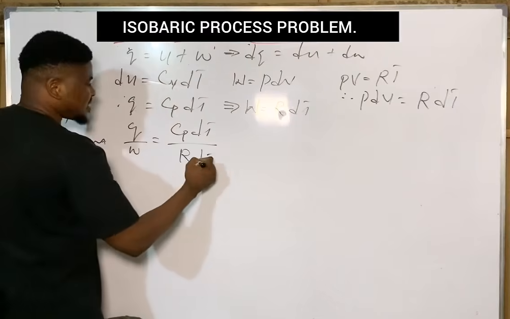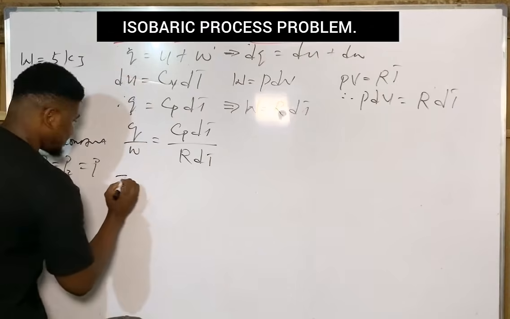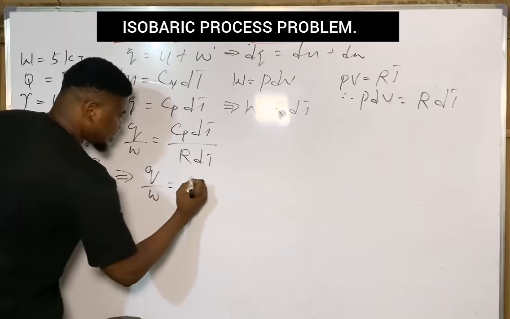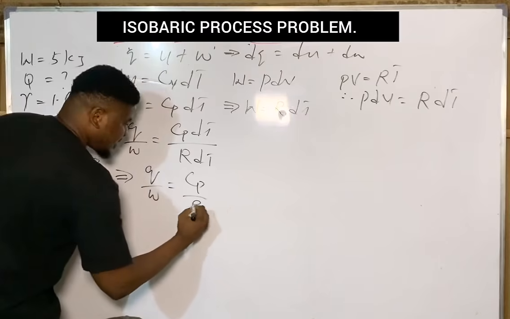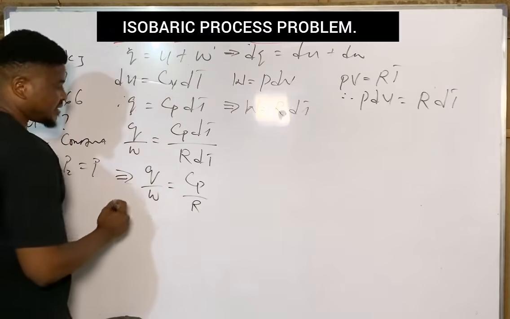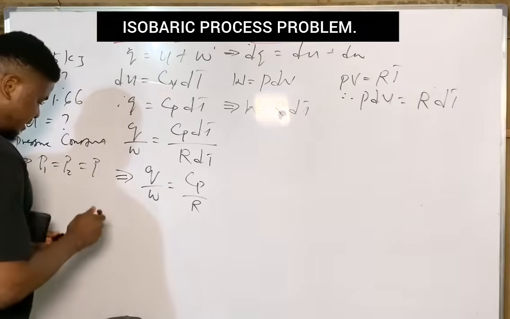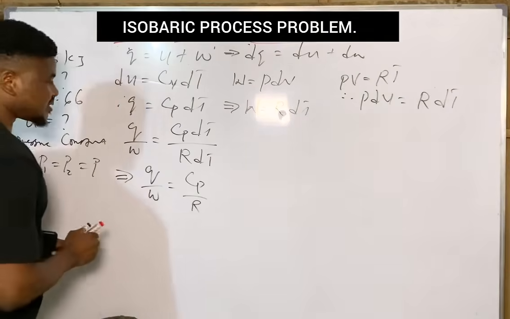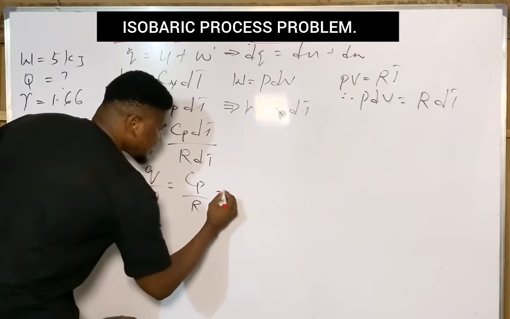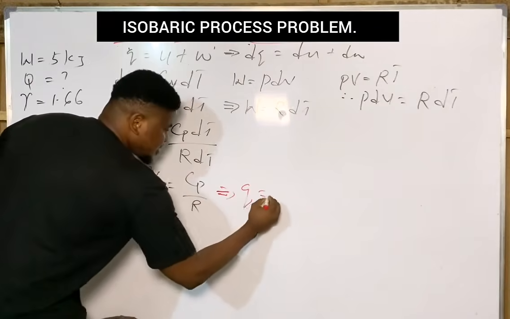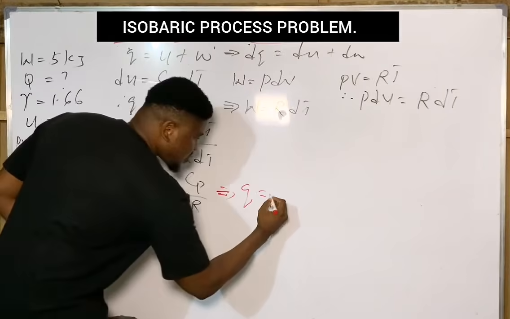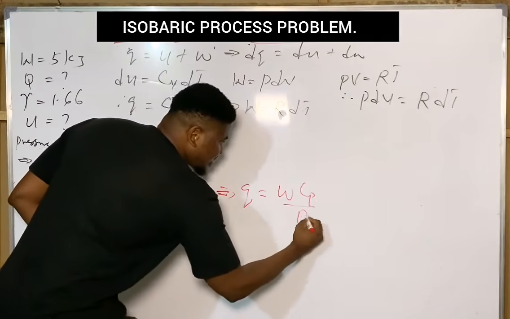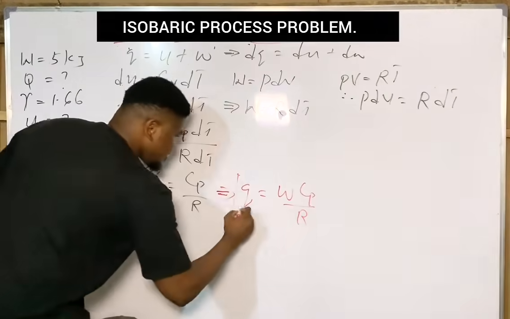So from here dT cancels out. This implies that Q over W is equal to Cp all over R. So we can make heat the subject of the formula to get the equation to find the heat. Heat is now equal to work done multiplied by Cp all over R. So this is our heat equation.